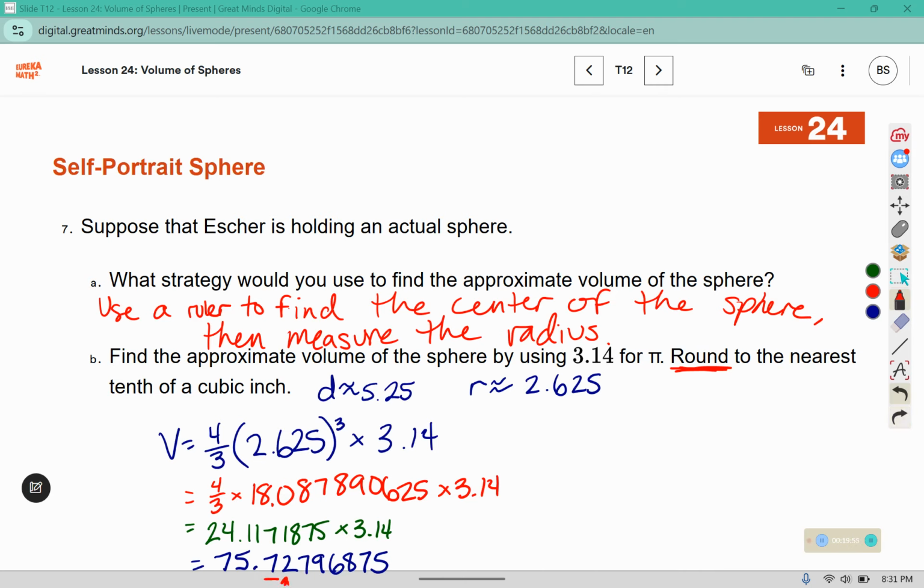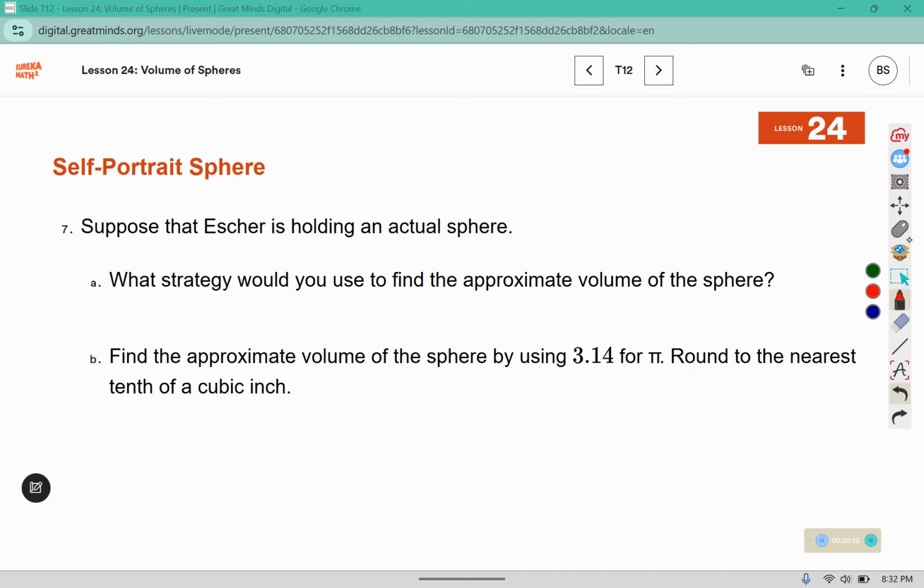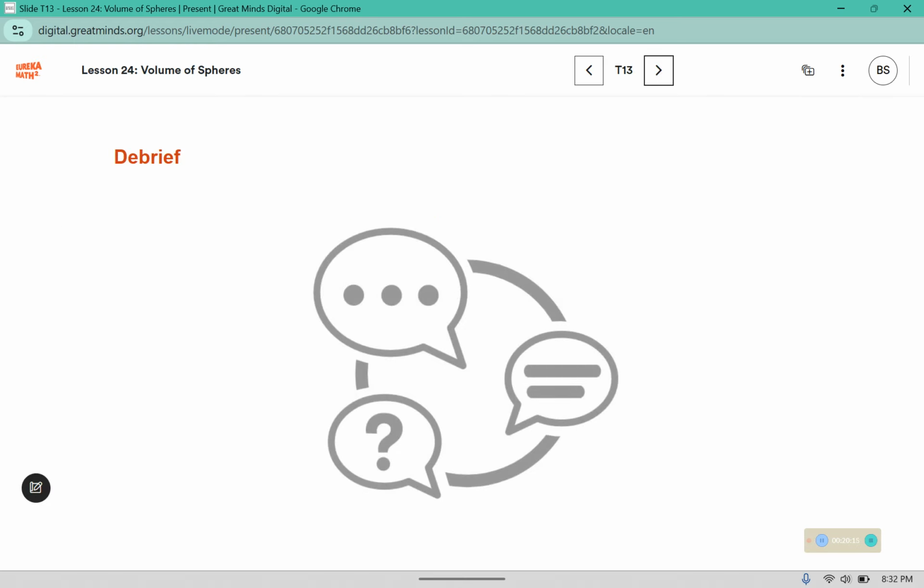The 2 is below a 5, so it rounds to 75.7 inches cubed. That is the volume of a sphere. Remember, you're using that formula 4/3 radius cubed times pi, which has been derived from the formula we used for a cone and a cylinder.